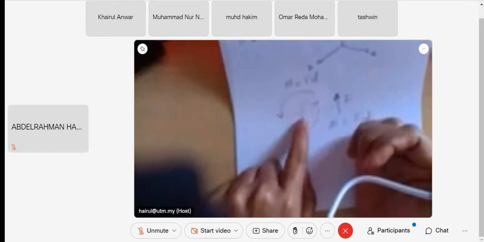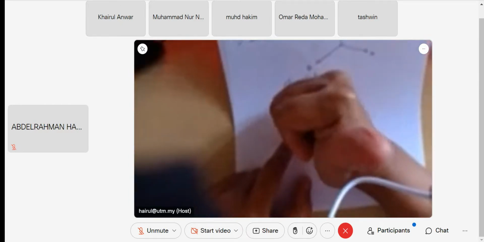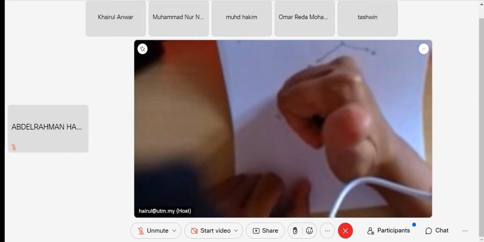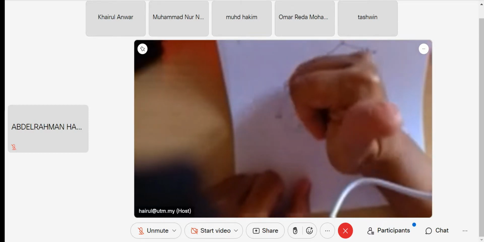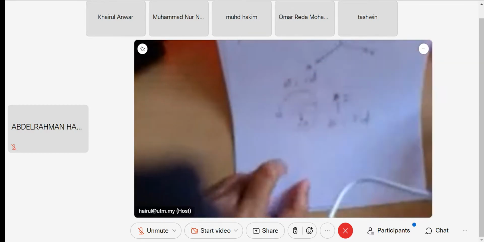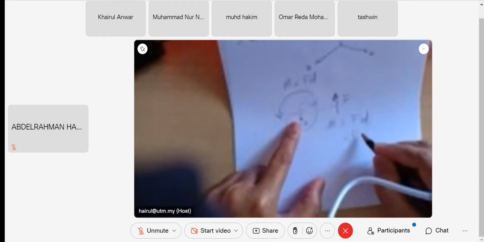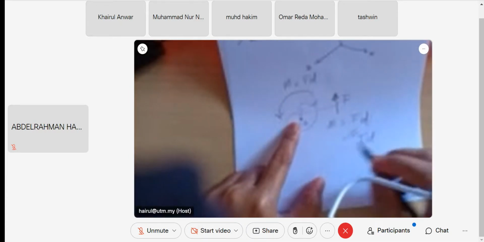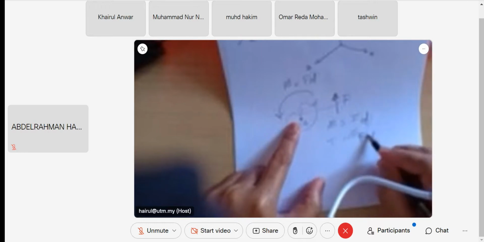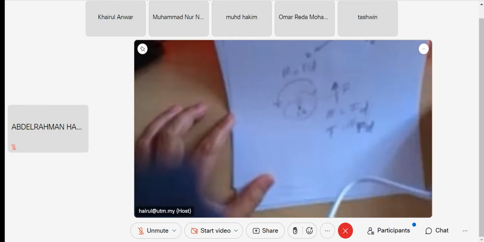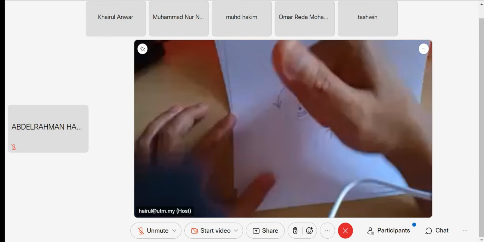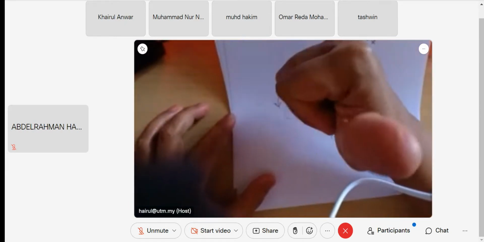If the moment produces counterclockwise rotation, the wrap of my fingers is counterclockwise, and the direction of my thumb is the vector direction of your moment or torque. Torque is also force times distance, and depending on the situation we say torque or moment. The direction of the moment follows the rotation with your thumb.